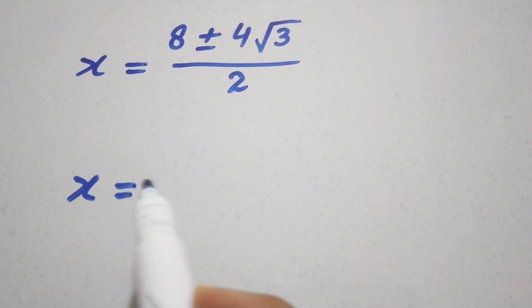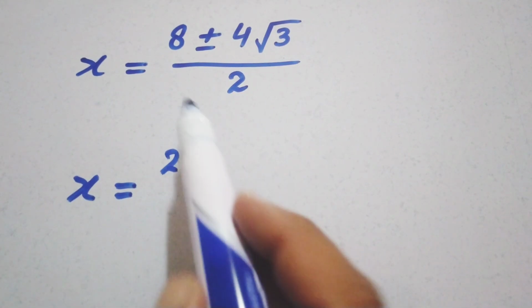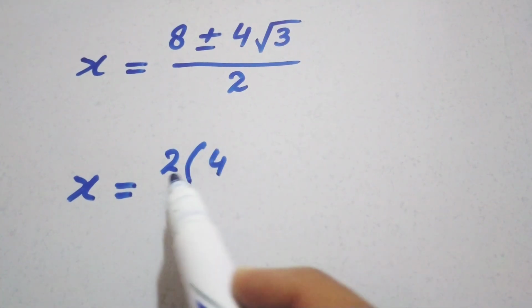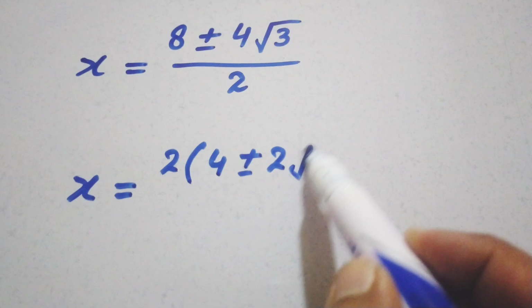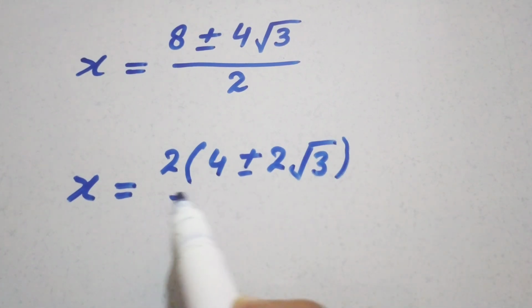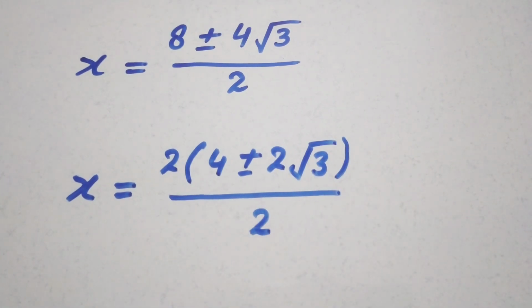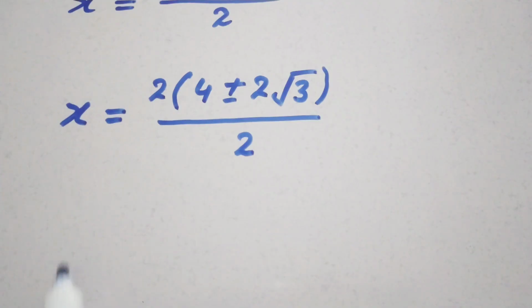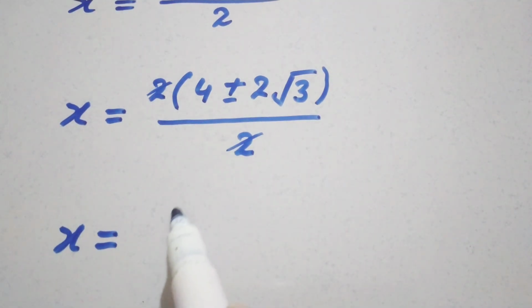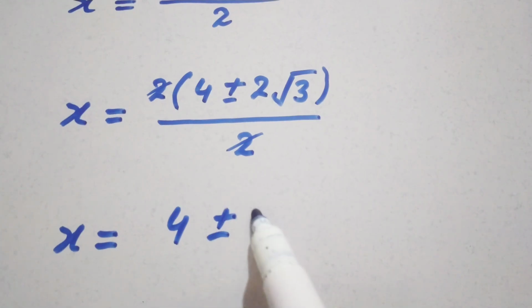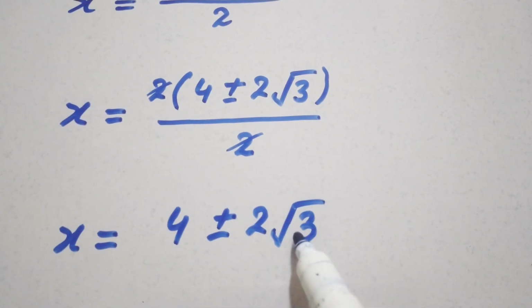x is equal to, take 2 as a common from numerator. So inside here 4 multiplied by 2 we get 8 plus minus 2 multiplied by 2 which is 4 into square root 3 divided by 2. Now this 2 from denominator and 2 from numerator cancel out each other. We are left with 4 plus minus 2 into square root 3.